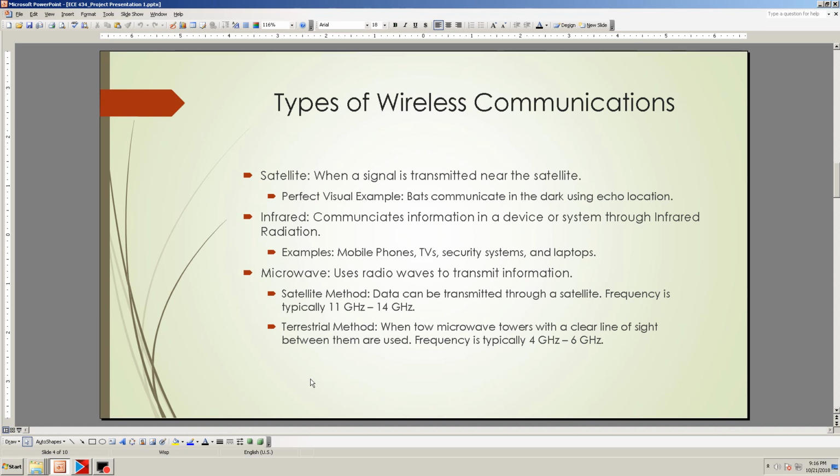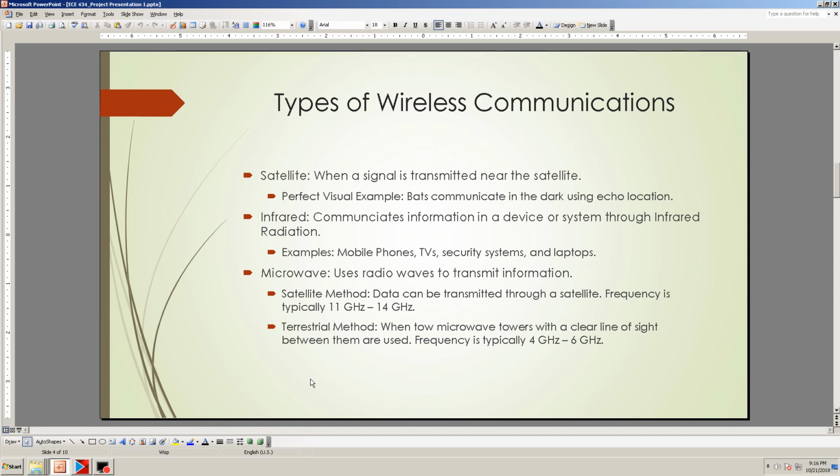When those waveform vibrations hit an object like a tree, for example, they transmit back to the bat with the use of its ears. This technique is how bats can see in the dark. So this is a really good example of how satellite communications work, if you can visualize how bats use echolocation.